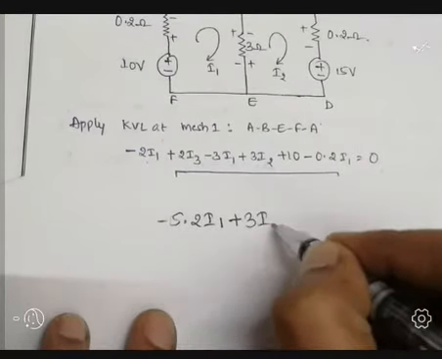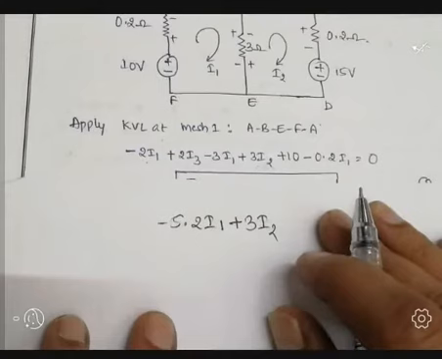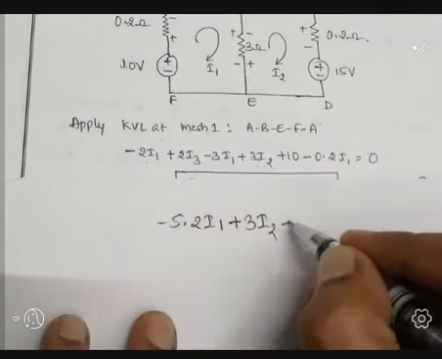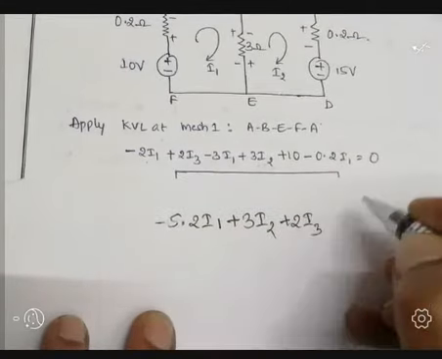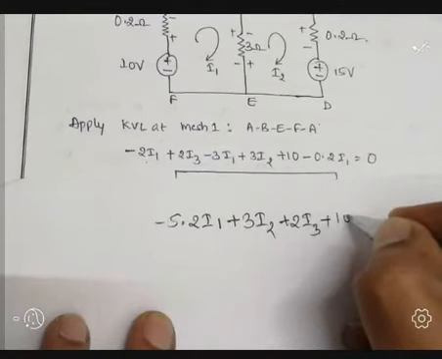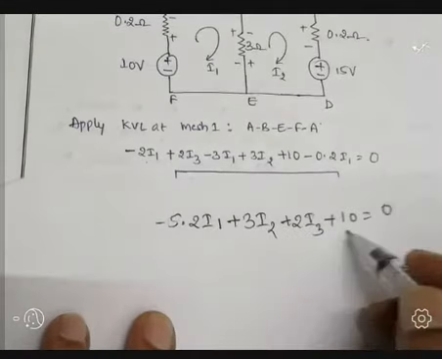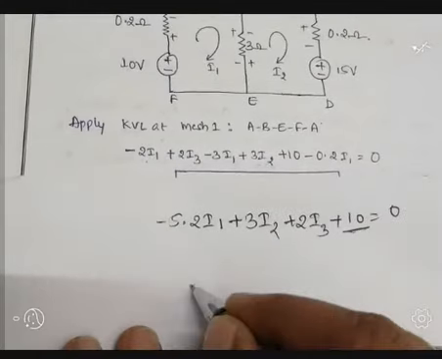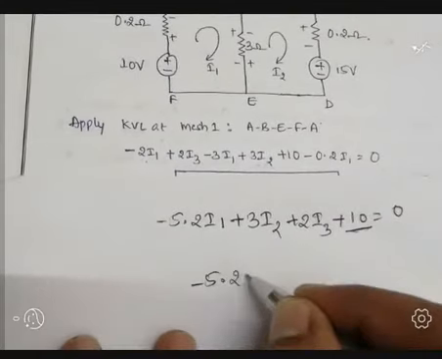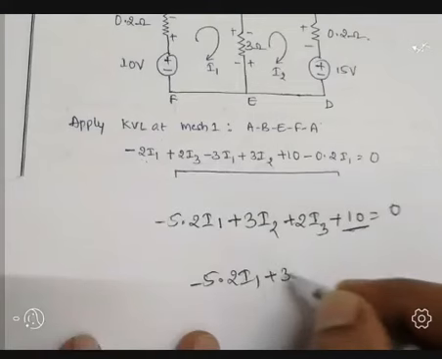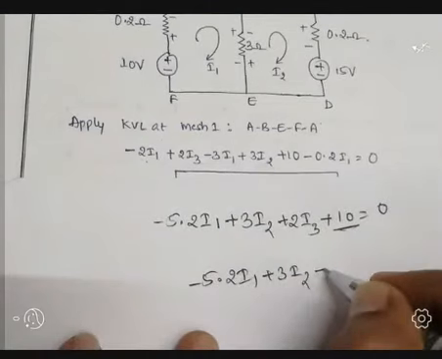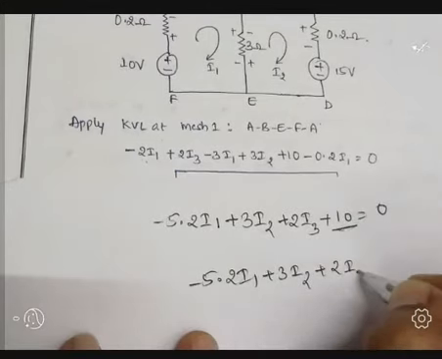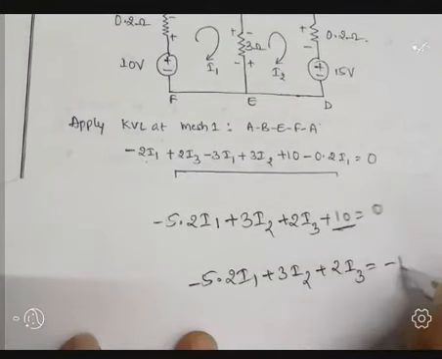And the coefficient of I3 is plus 2I3, plus 10 is equal to 0. I will take this 10 to the RHS, hence it becomes minus 5.2I1 plus 3I2 plus 2I3 is equal to minus 10.